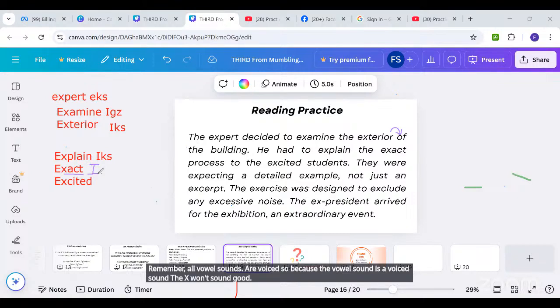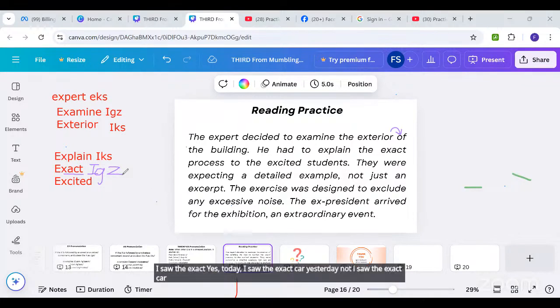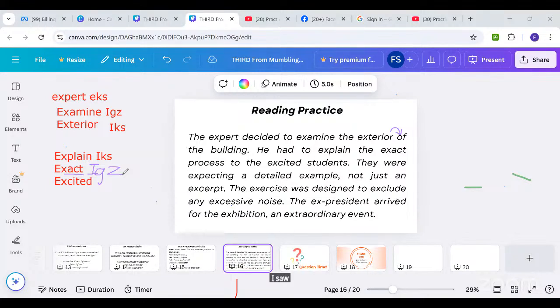The X there should sound guz. So the word is exact. I saw the exact car yesterday.